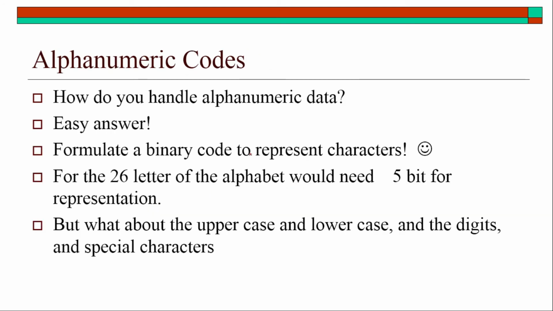So we have seen how to do the BCD addition. Till now we have seen the numeric code. BCD is a numeric code, used to represent numbers 0 to 9.